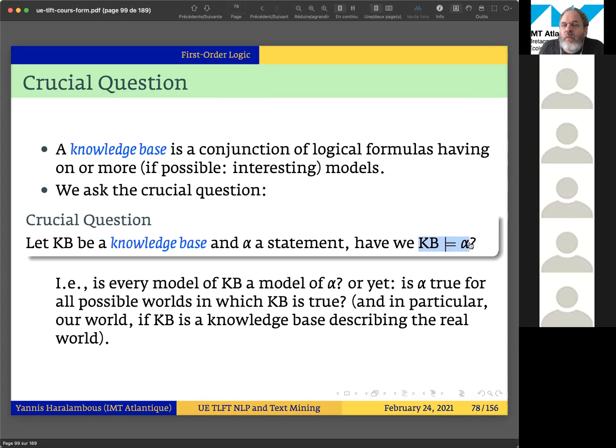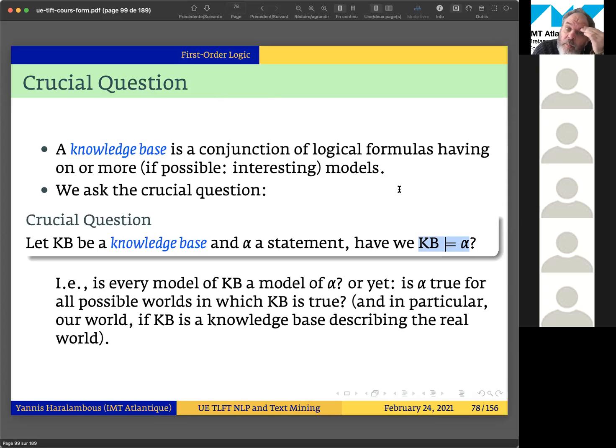So how do we establish this relation of consequence? The difficulty is that when we say that we have a consequence, this should be the case for every interpretation. How can we prove something for every interpretation when we know that there can be infinitely many interpretations?